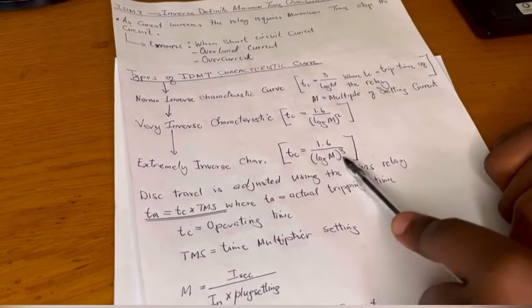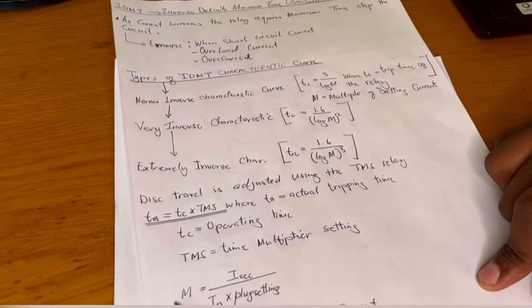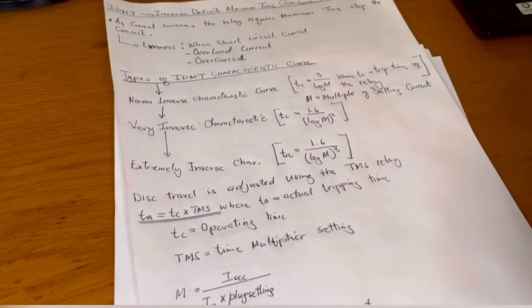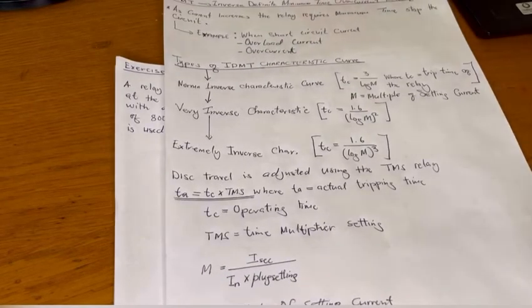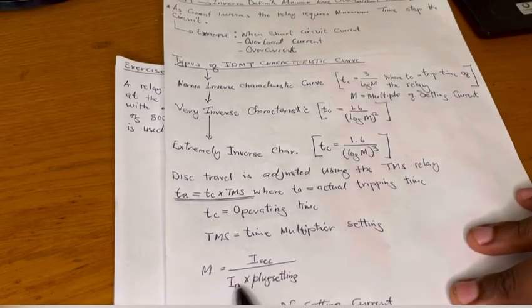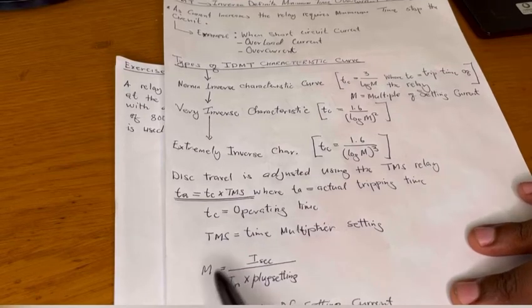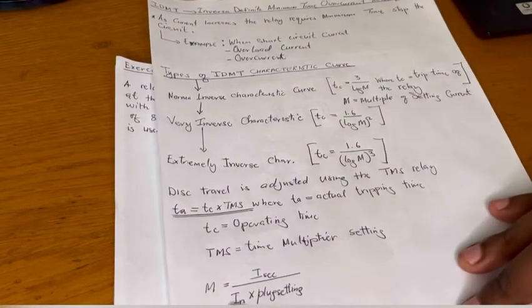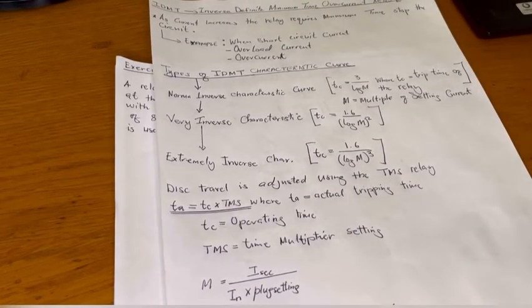It has its own formula: M equals I secondary divided by IN times plug setting. Plug setting is normally given in the questions as a percentage. IN is the normal current on the secondary side of the current transformer. This might be 1 or 5 depending on the type of current transformer you have.